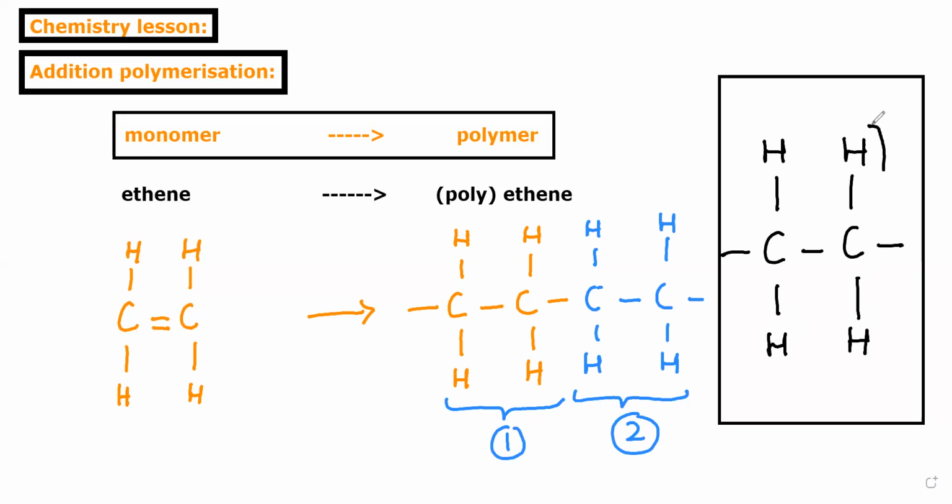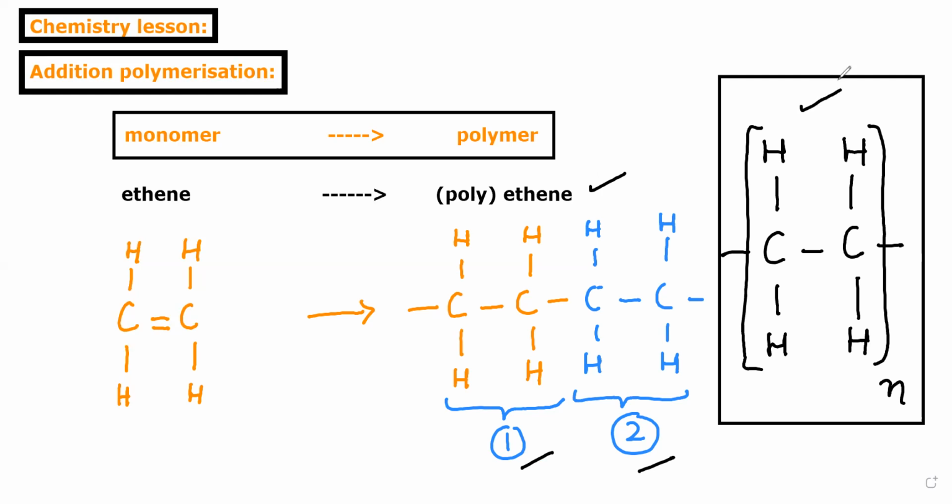So what we will do, we will go for a bracket and write n. Now, this is how it is going to be completed. So if they tell us 1, 2, 3 repeated units, we will draw accordingly. Or if they have just simply told us to draw a polymer of this ethene, we will draw this. This is how we are going to go for these addition polymerization examples.